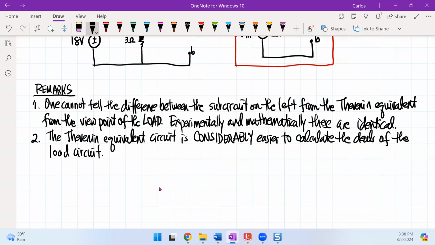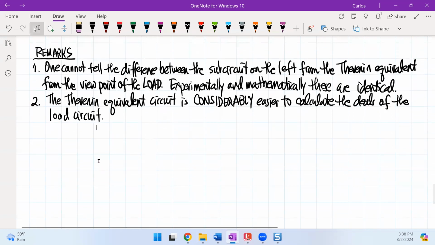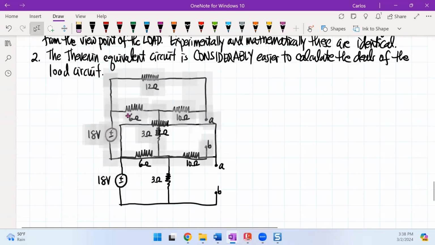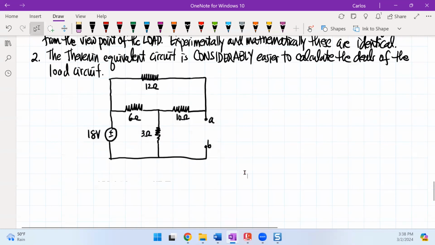So picture-wise, if I have this circuit and now I place a load right here.